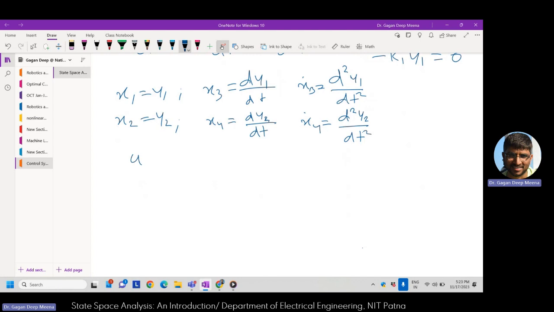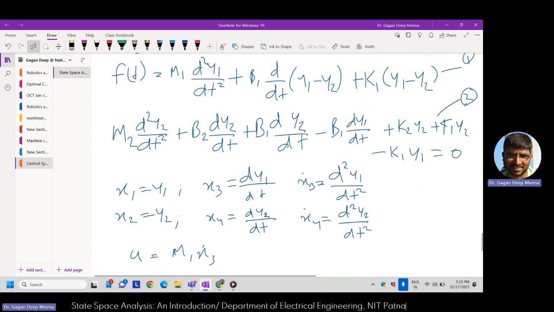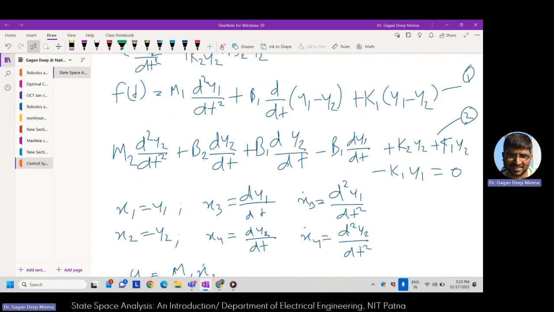So we have u equal to m1 x3 dot. X3 dot is nothing but your d square y1 by dt square. And if you can see here, in equation number 1 it is m1 d square y1 by dt square, then you have plus b1 d by dt of y1 minus y2.